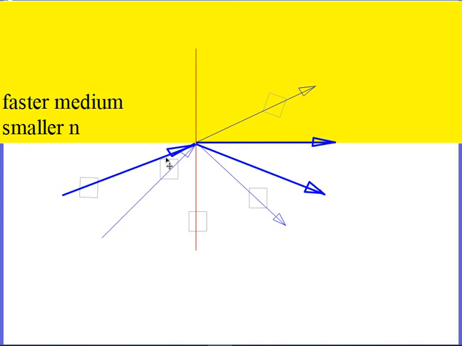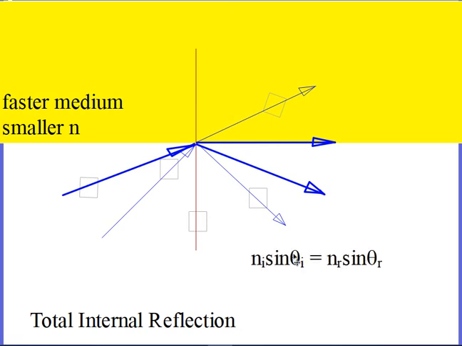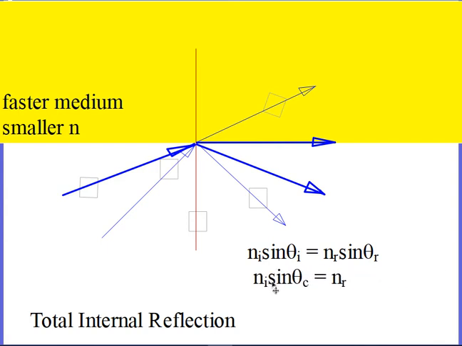And we say that at this point, instead of some of the energy being reflected and some of it being refracted, all of it gets reflected, and you have what is called total internal reflection. When you do problems, you will take Snell's law, but this angle we're going to be talking about here is called the critical angle, and this angle is going to be 90 degrees, and the sine of 90 is 1.